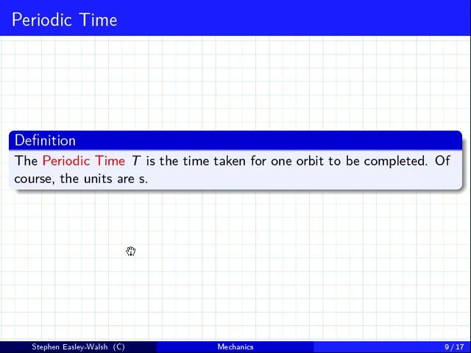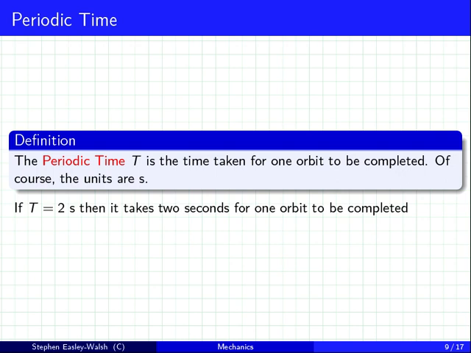Of course, the units are seconds. So, for example, if T is 2 seconds, then it takes 2 seconds for one orbit to be completed.